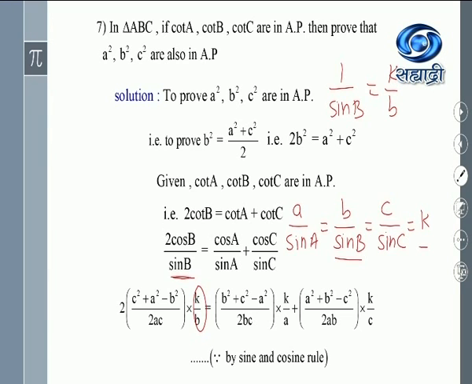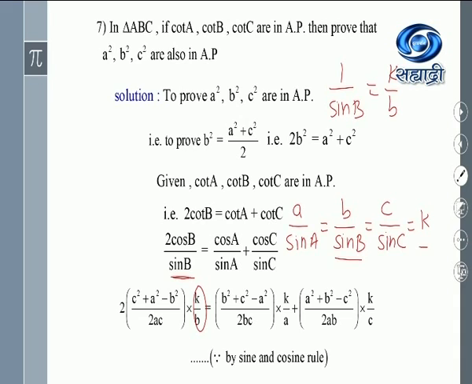Right? The third one, sin C. This is C upon sin C is equal to K. But this sin C is in the denominator. So 1 upon sin C, from this equation we write K upon C. So this 1 upon sin C we write K upon C using the sine rule.